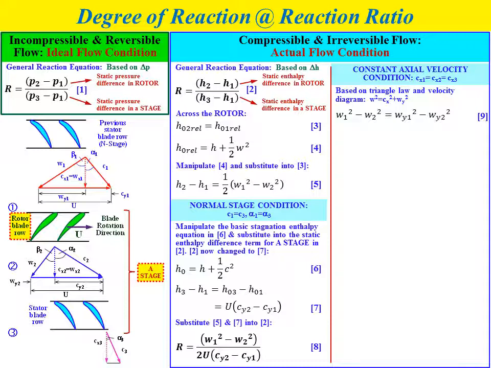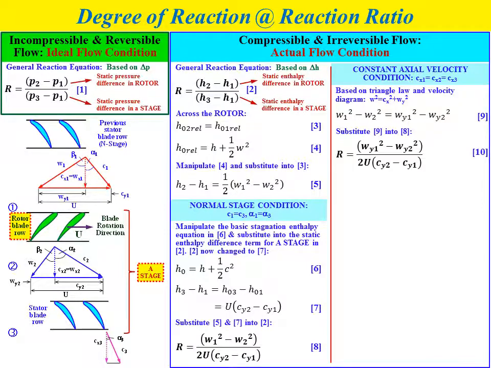So implementing the relationship, the term W1 square minus W2 square in equation 8 will equal Wy1 square minus Wy2 square, as shown in equation number 9.